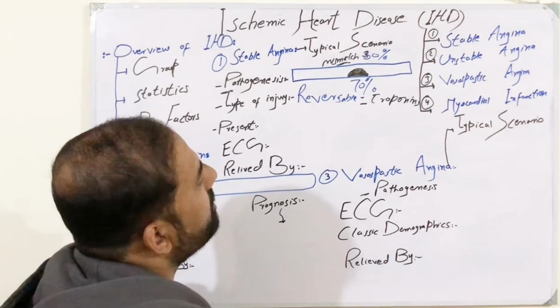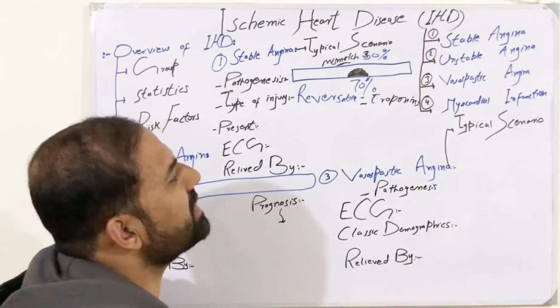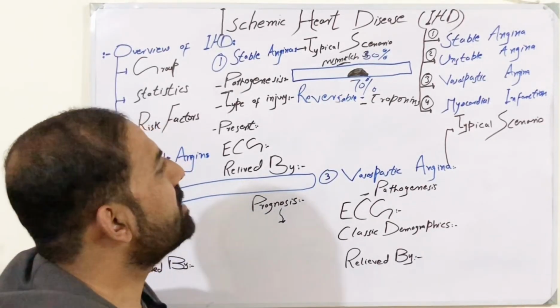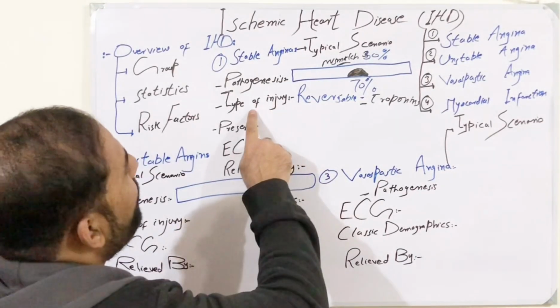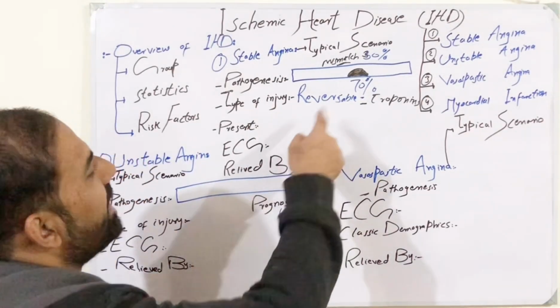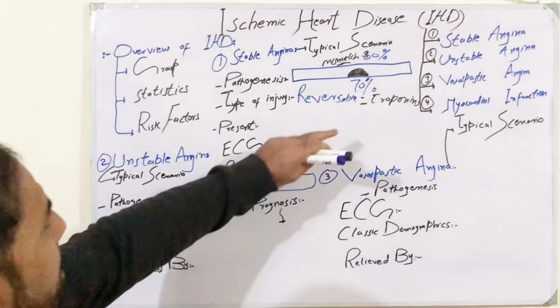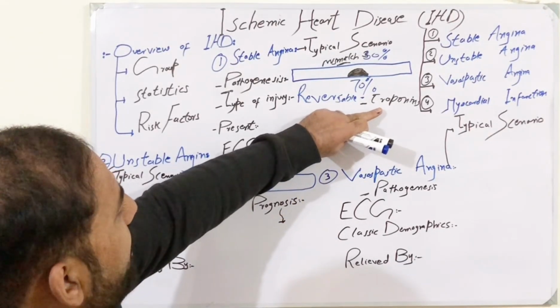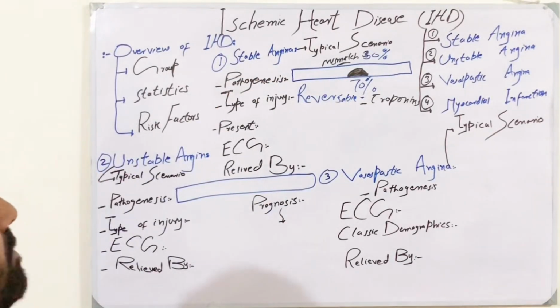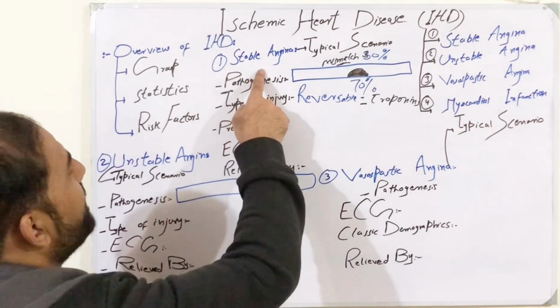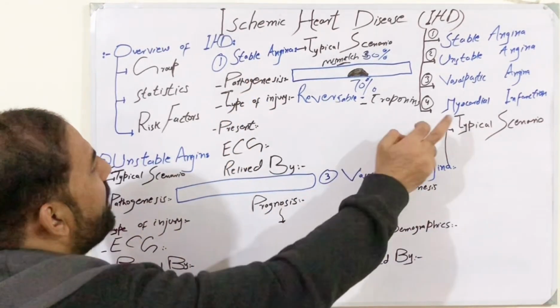Clinically it means that if you do troponins, which are basically cardiac biomarkers, these troponins will be absolutely normal. This is because this type of injury is reversible. It can be reversed. Hence if you do biomarkers for a patient with stable angina, biomarkers will be absolutely normal, and it actually differentiates it from myocardial infarction.